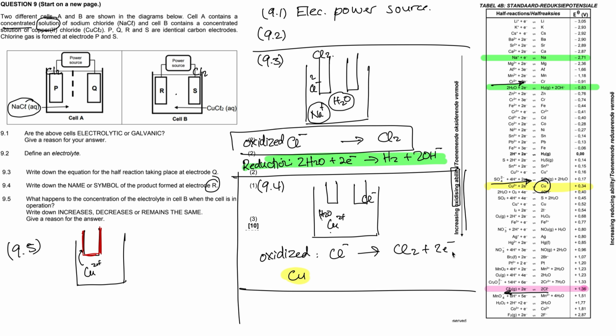That means the concentration is going to decrease, and that's because the Cu2 plus is being reduced. It is coming out of solution and forming Cu solid. And that's it.